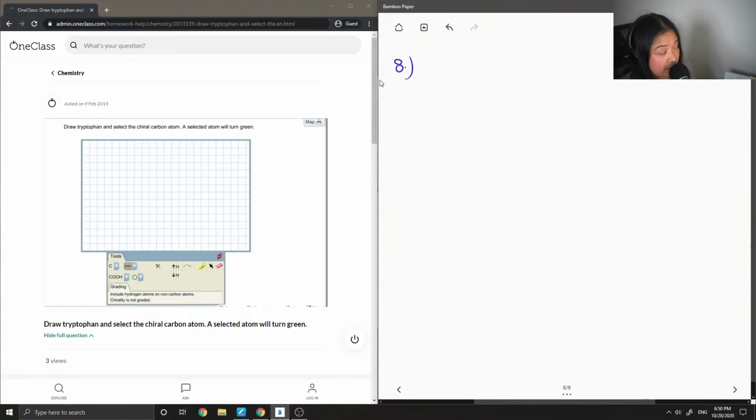Tryptophan's an example of one of the amino acids. Basically, it's one of the ones that has a two-cyclic structure. The first cyclic structure is like a benzene ring. And then attached to it is a five-ringed amine.